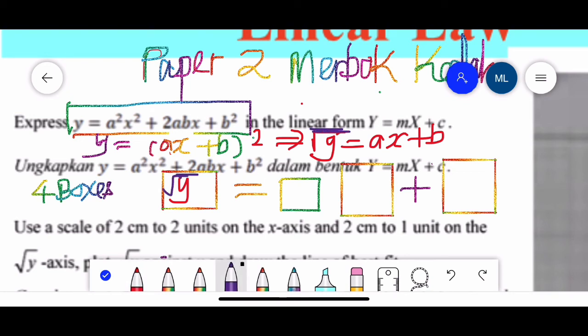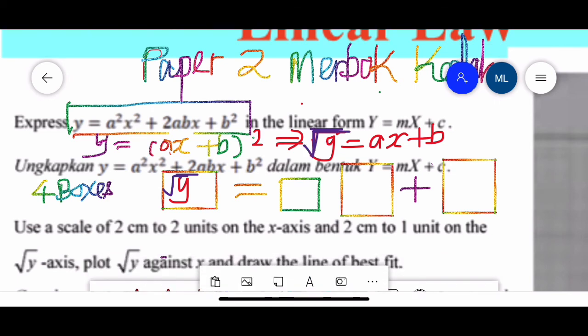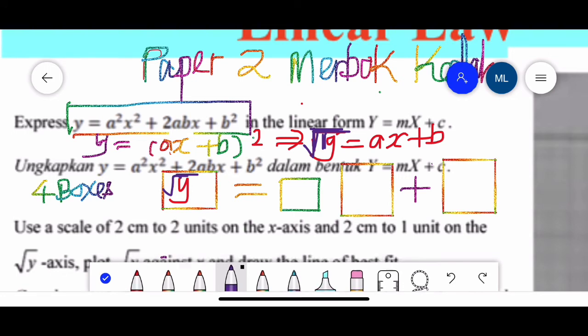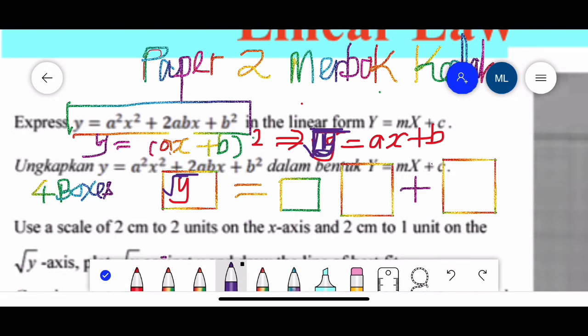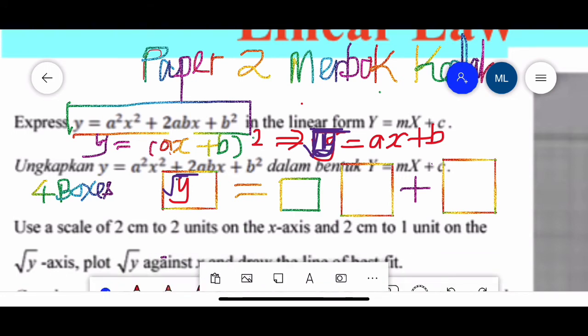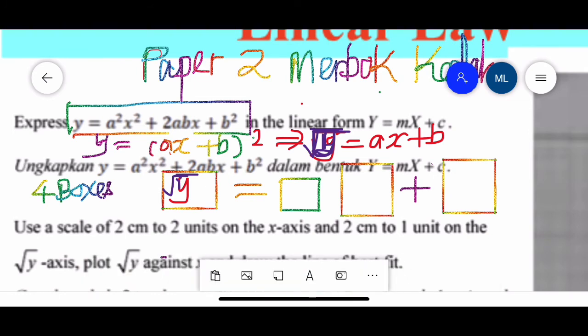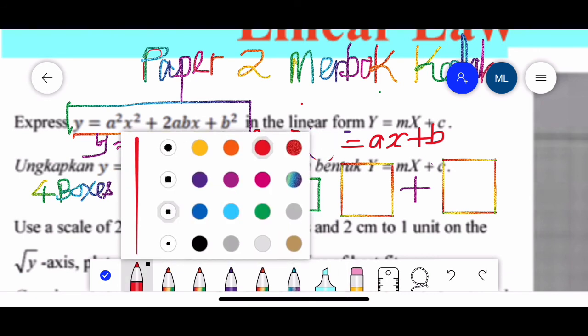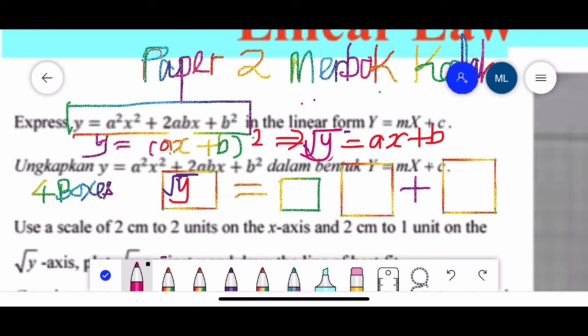Square root y goes into the first box, equal to, followed by the constant a in the second box, then small x in the third box, and the last one after the plus must be a number, which can be positive or negative.